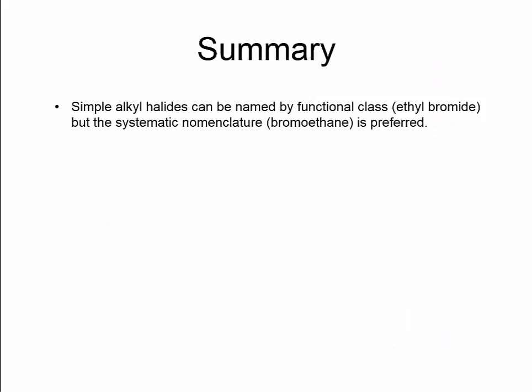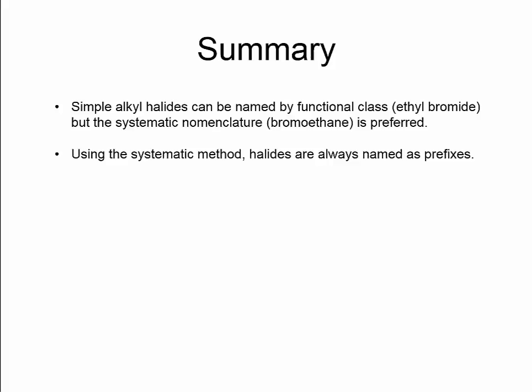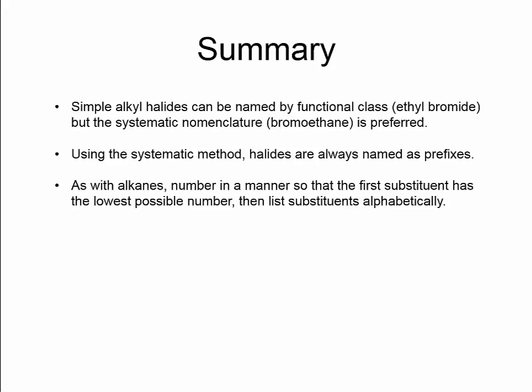So in summary, the simple alkyl halides can be named by a functional group name. In other words, they are alkyl halides like ethyl bromide. But the systematic nomenclature in which it's named as a substituted alkane like bromoethane is preferred. When you're using the substitutive or systematic method, the halides are always named as prefixes. You number alkyl halides by the same rules that you use with the alkanes, so you'll number in a manner that puts the first substituent with the lowest possible number, and then when you're stringing them all together, you do so alphabetically.